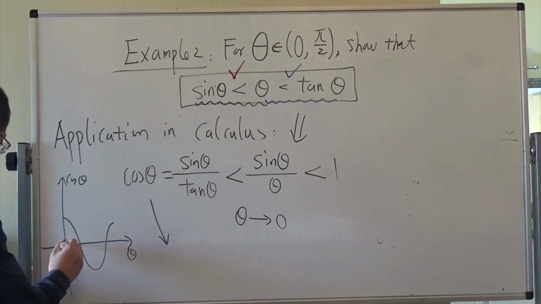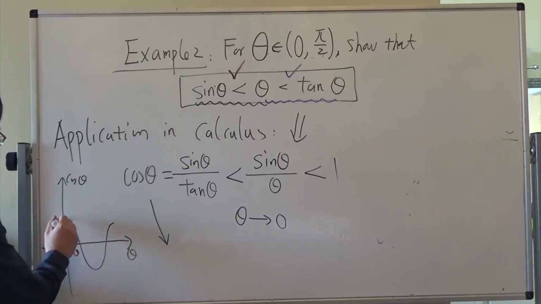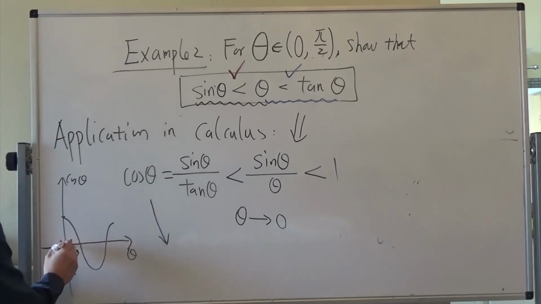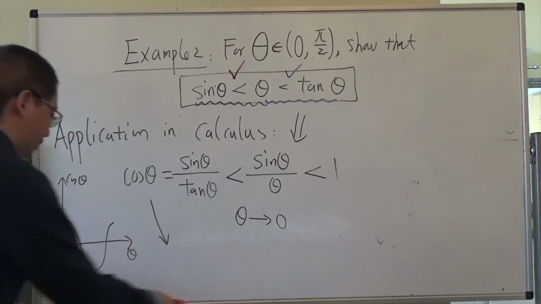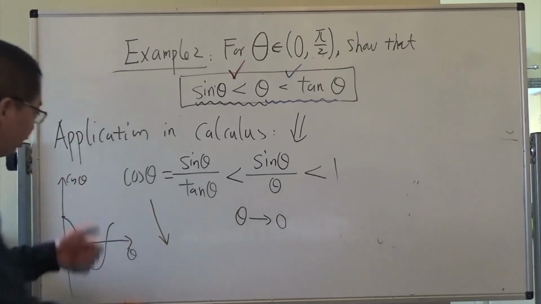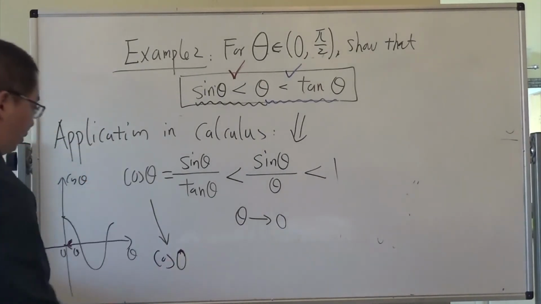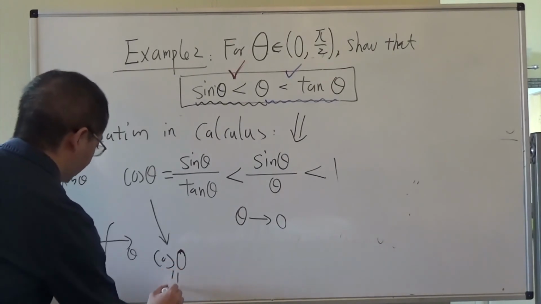Since the graph of cosine is continuous, cosine theta just approaches cosine 0, and cosine 0 we know equals 1.